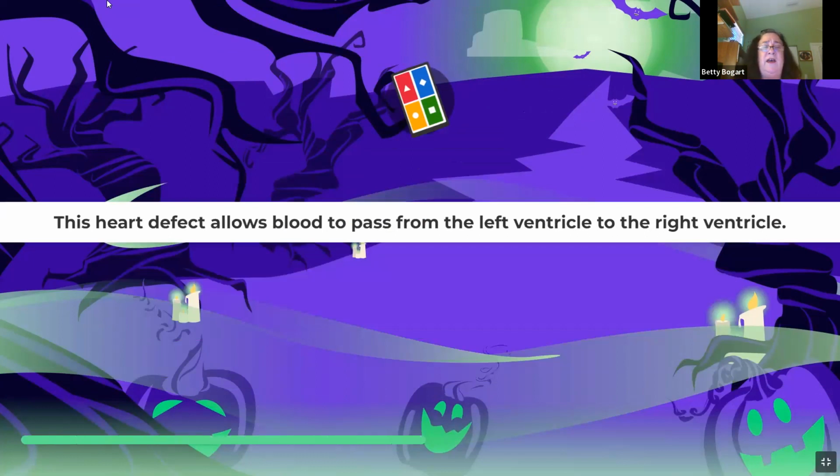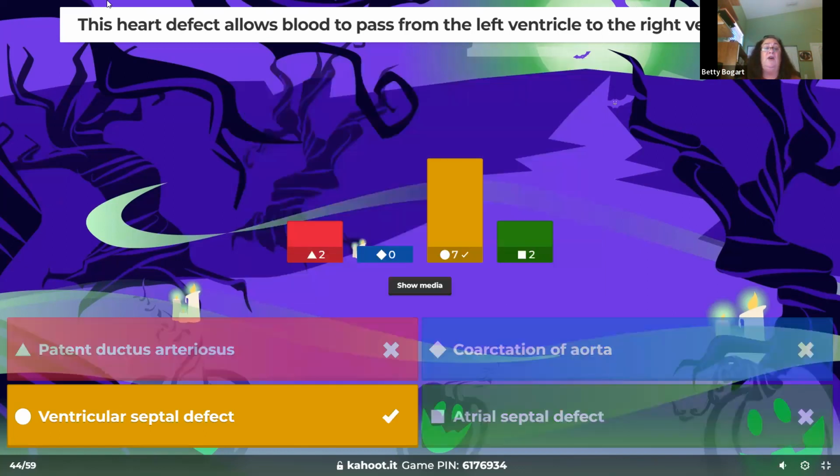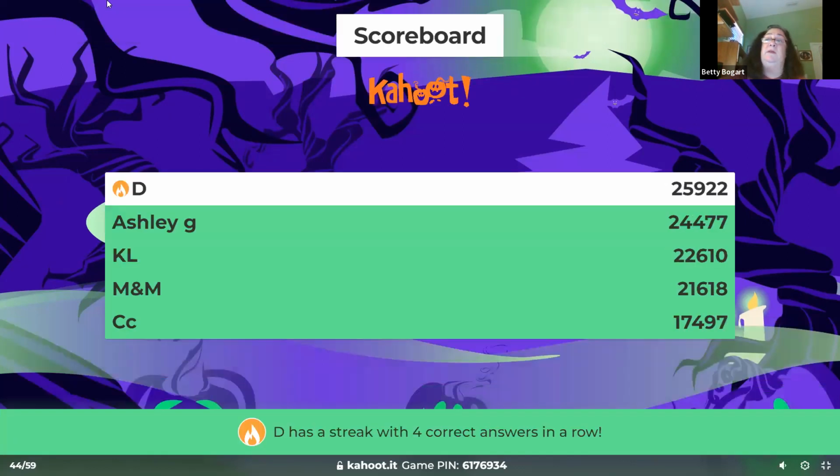This heart defect allows blood to pass from the left ventricle to the right ventricle. That means that septum, something's going on. What is that called? It's called a ventricular septal defect. Very simple, VSD.